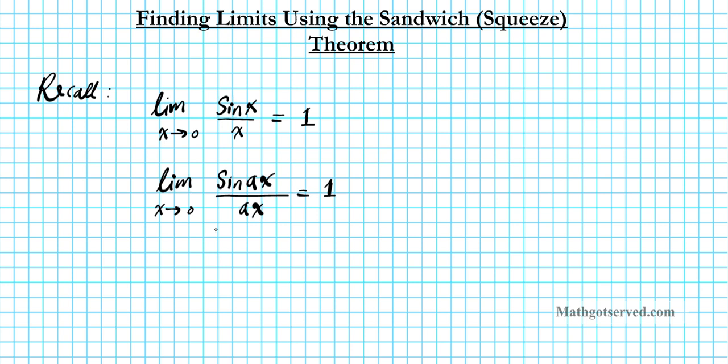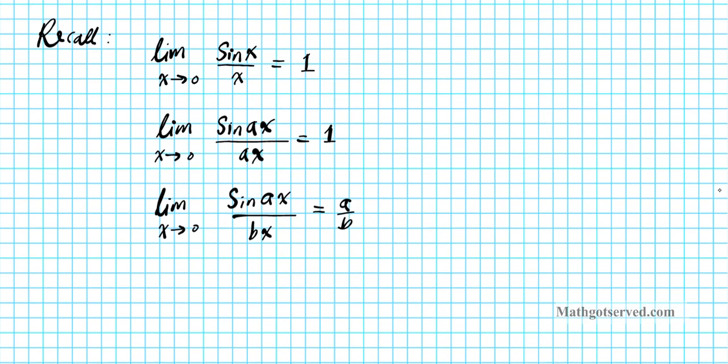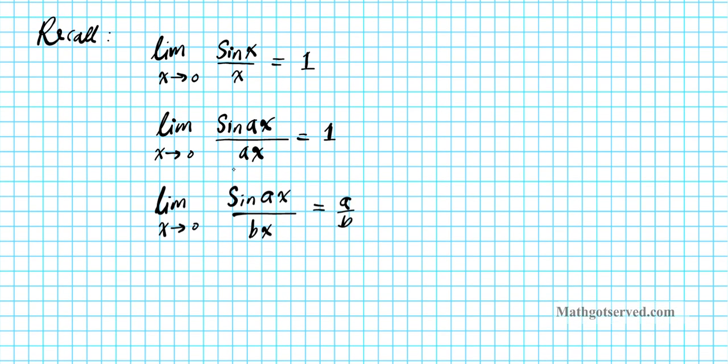Another formula to keep in mind is the limit as x approaches 0 of sine ax over bx equals a over b. In this case, it was a over a, that's why it became 1. These are some cool formulas you can keep in mind, and you can evaluate limits involving the squeeze theorem mentally. You don't even have to write anything down.